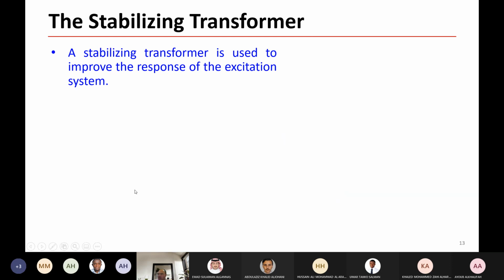So do you have any question, Abdulaziz, Johnny? Yes, Doctor. Here, when we talk about saturation, are we talking about the AVR itself or the generator stator? My understanding is the DC exciter is connected to the stator of the generator, right?